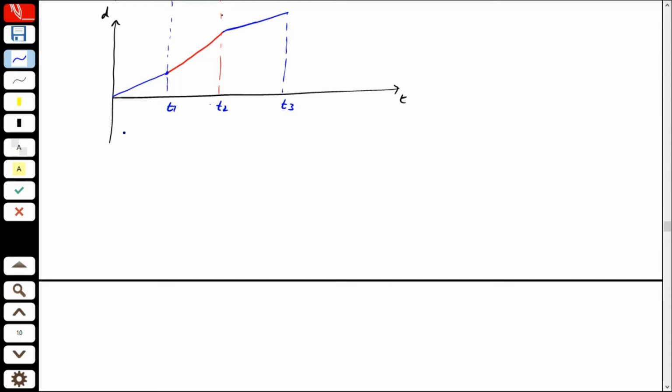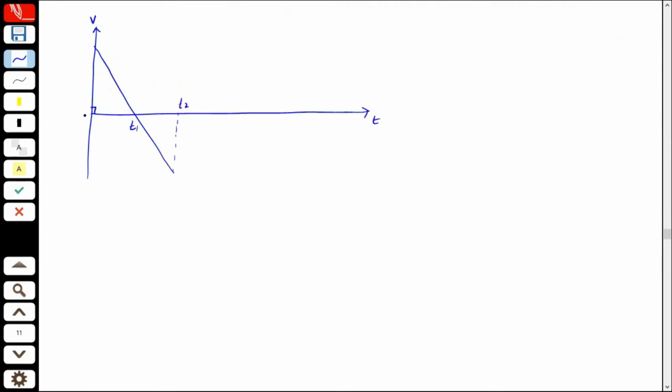Okay, so let's suppose we have a velocity time graph like this. From 0 to t1, the velocity of the object is decreasing and velocity is positive.